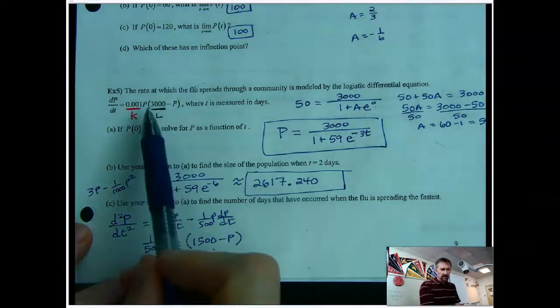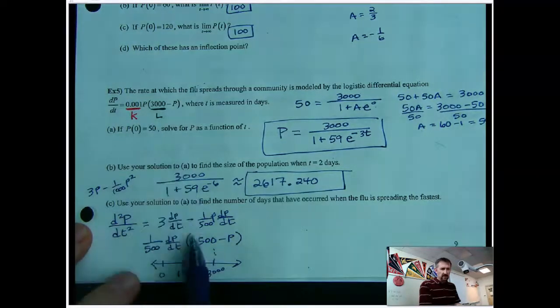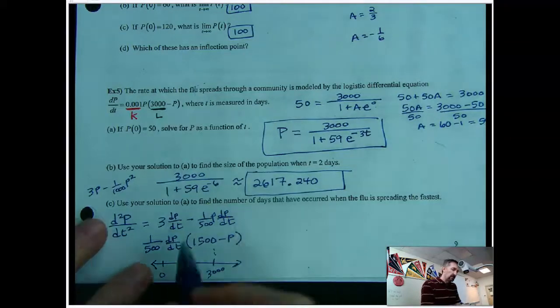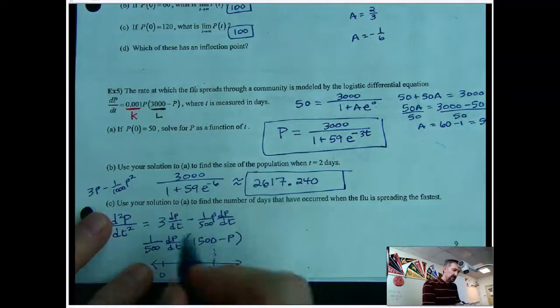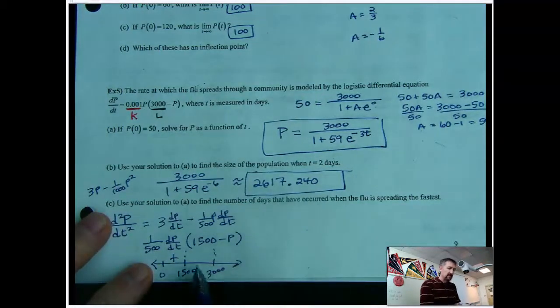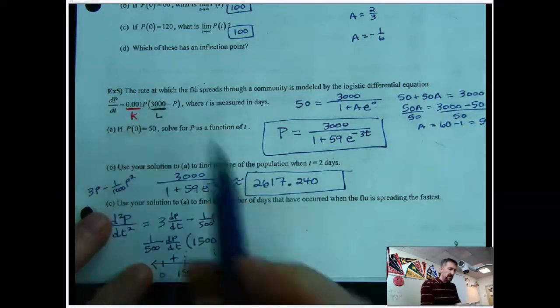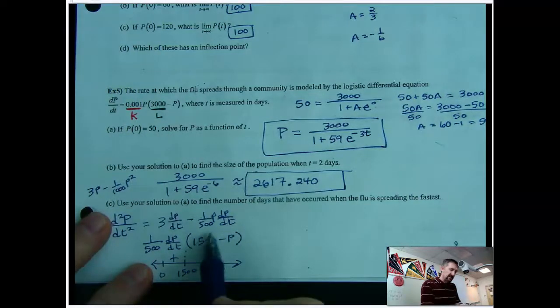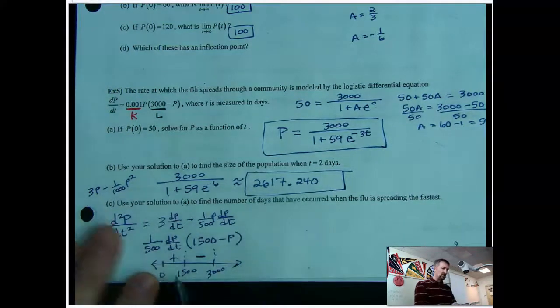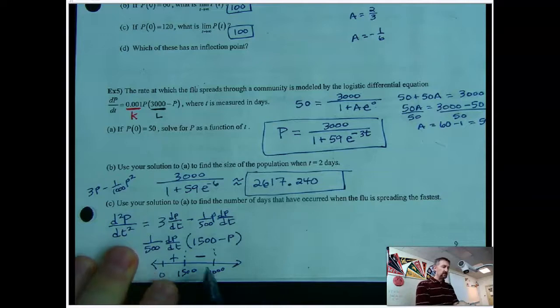So that's where we're getting 0 and 3,000 and 1,500. So if you plug in 1,000 here, this is going to be positive, that's going to be positive, that's going to be positive. So those are all positive. If you plug in 2,000, positive, positive. If you plug 2,000 here, that's negative. Okay, so what we can see is that the rate of change is its derivative, the second derivative, there's a maximum when p equals 1500.